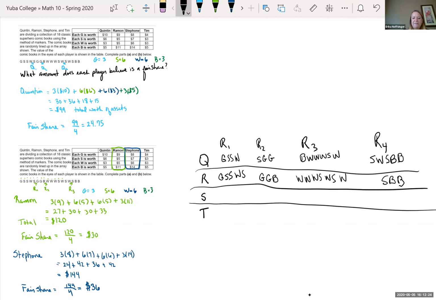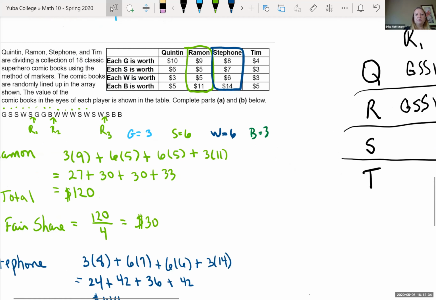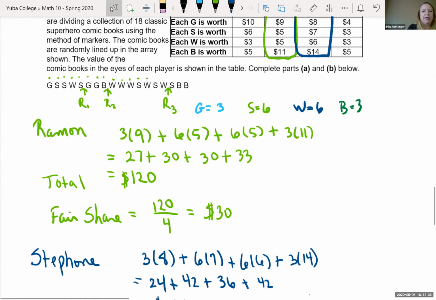Okay, so for Stefan, we're looking at stuff that costs $36 or around $36. And so let me pull this up. And so let's go through the line for Stefan and start putting in his marker. Okay, so G is the first comic book, and that's worth for him $8. So we have $8 plus the second one is S, which is worth $7, so plus $7.